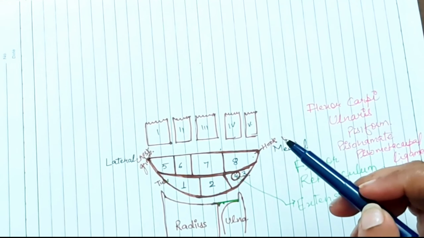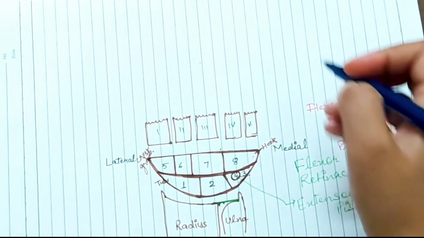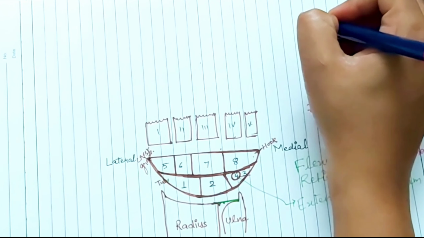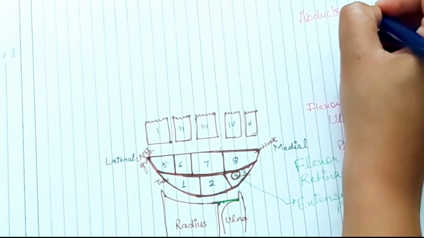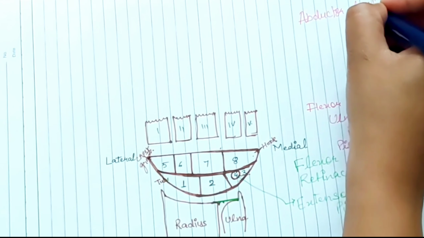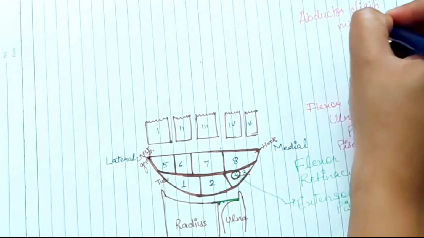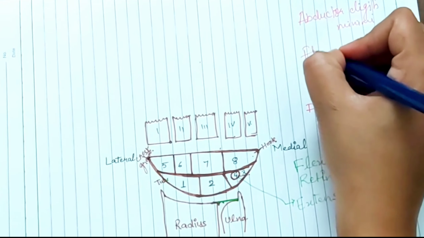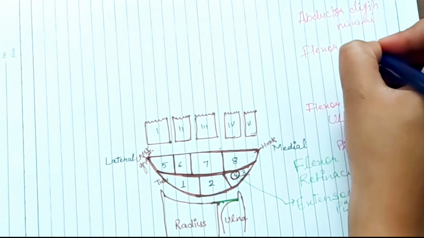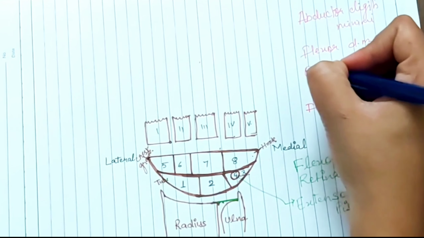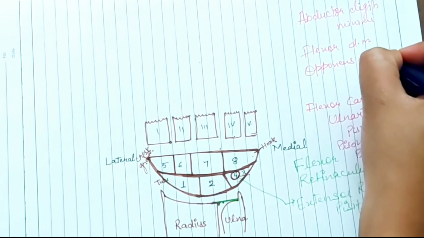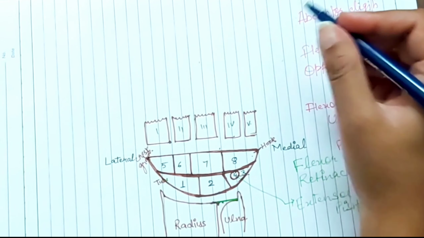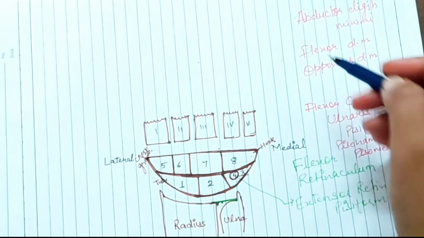The muscles of the hypothenar eminence are abductor digiti minimi, flexor digiti minimi, and opponens digiti minimi. These three muscles are the muscles of the hypothenar eminence.